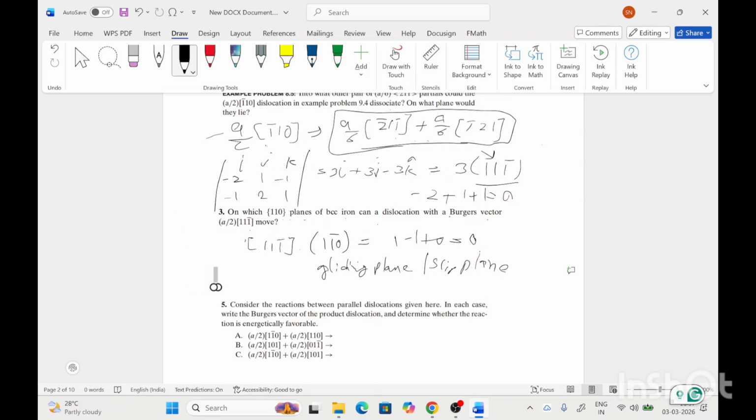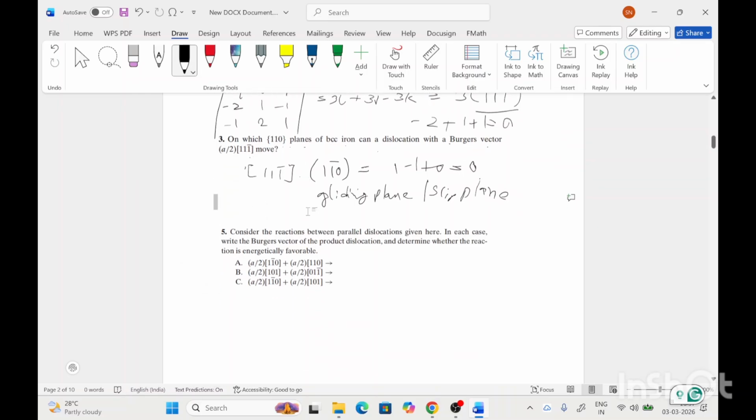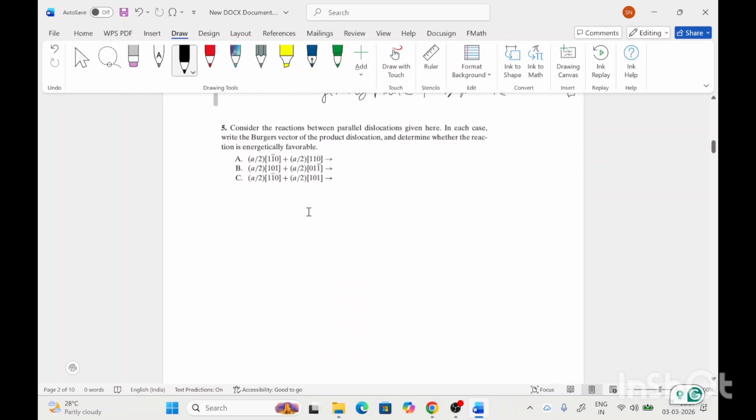Next, we are asked to do an energy calculation. Consider the reaction between the parallel dislocations given here. In each case, write the Burgers vector of the product dislocation and determine whether the reaction is energetically favorable. For the first equation we have to write the Burgers vector.